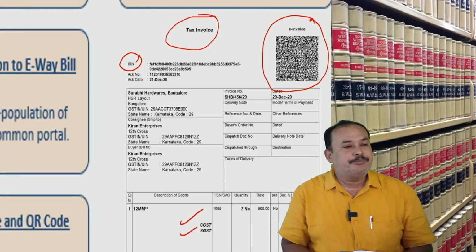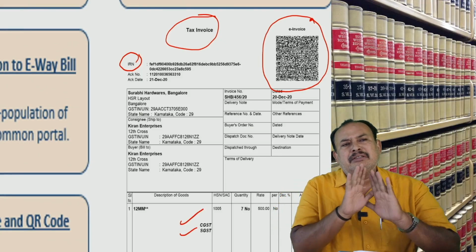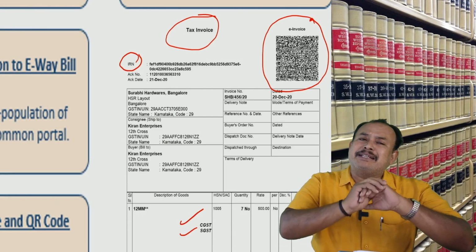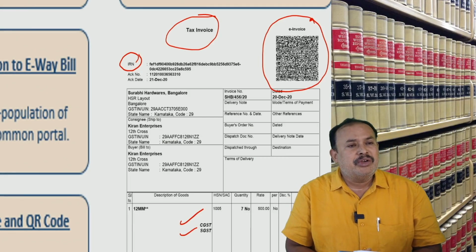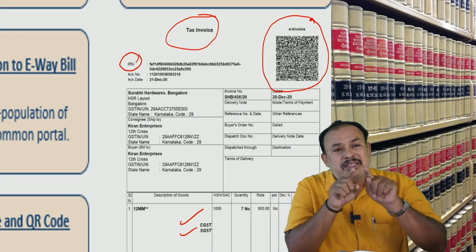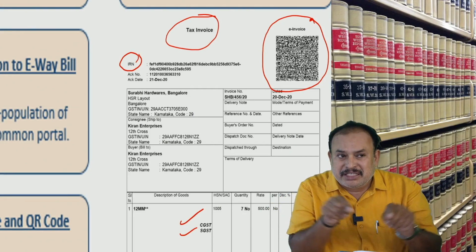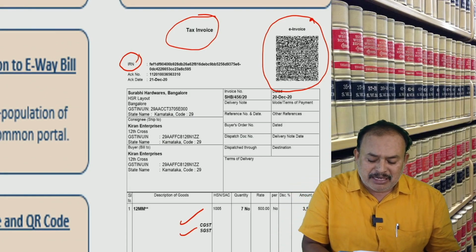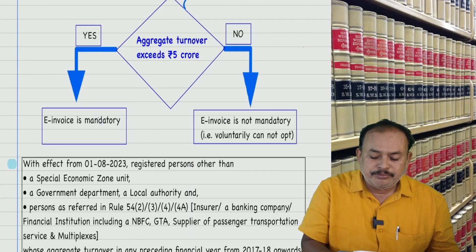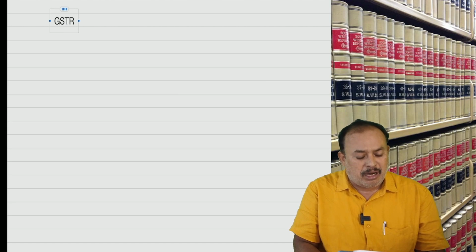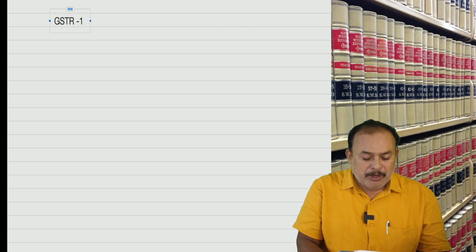What are the benefits, sir? Coming to a normal taxpayer issuing the tax invoice where E-Invoice is not there, what is the situation? I will explain to you. Sir, as you are aware, a taxpayer to pay the GST has GSTR-1. What is it?